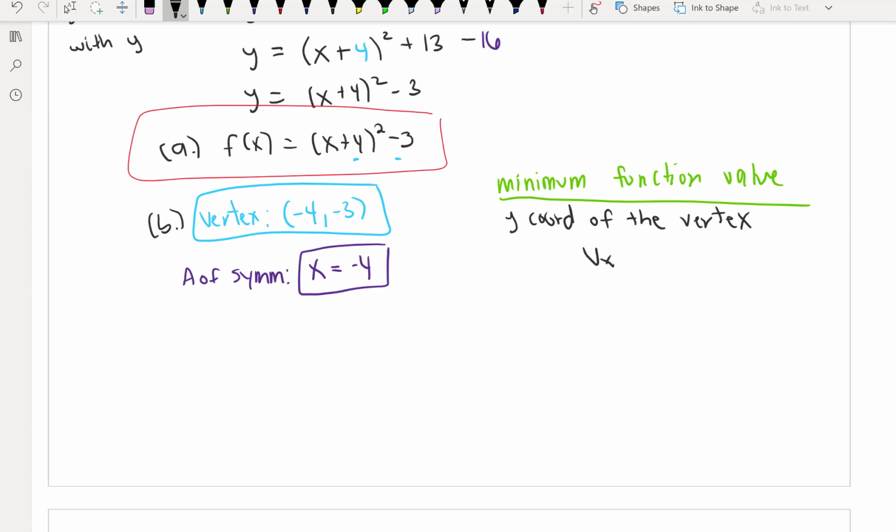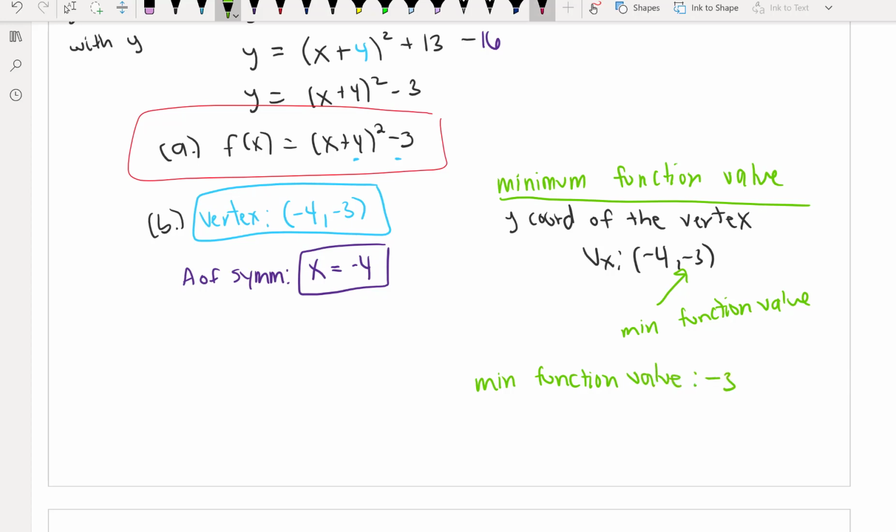So if I have the vertex as a -4, -3, then I know that that's going to be my minimum function value. So I can say that the minimum function value is -3. Okay.